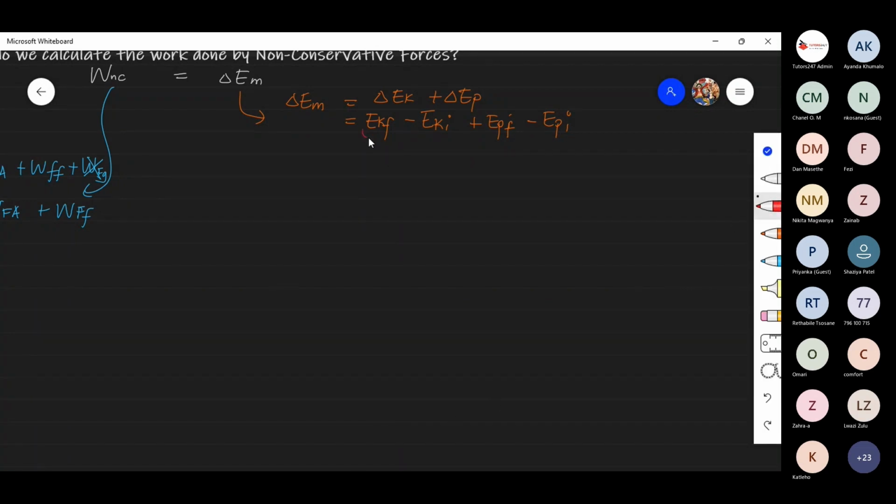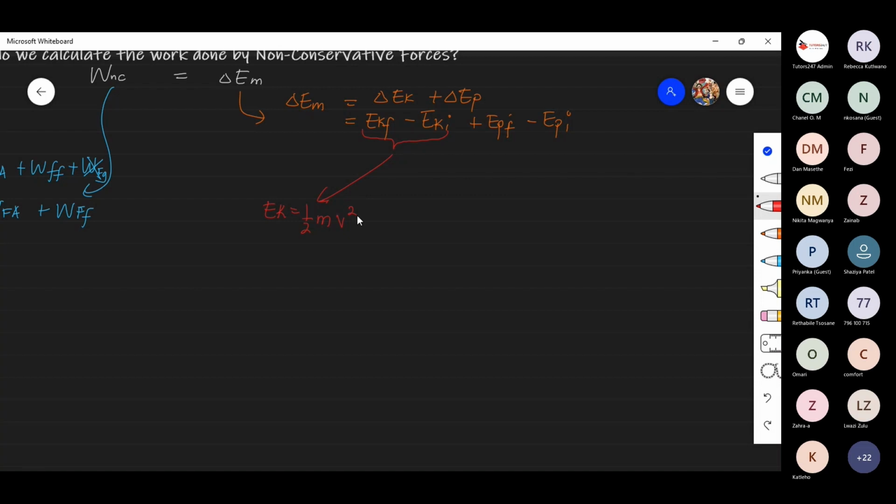So we know that our kinetic energy has a formula of EK equal to a half mass times velocity squared. Now in this case, because we are dealing with final kinetic energy, we are going to use final velocity.